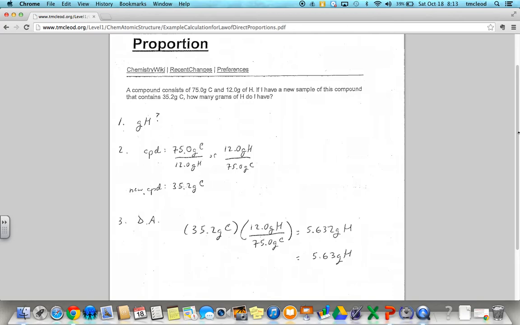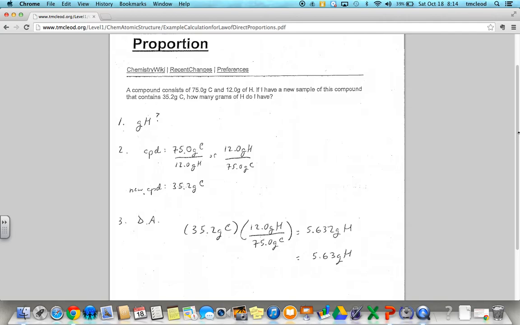So therefore, this can only be done by dimensional analysis, and of course, since you're looking for one unit, you write down one unit, which is grams of carbon, and then your bracket and the line, which is how you do dimensional analysis. And since you want the grams of carbon to go away, the grams of carbon in the parentheses goes on the bottom, and you're looking for grams of hydrogen, that's on the top there.